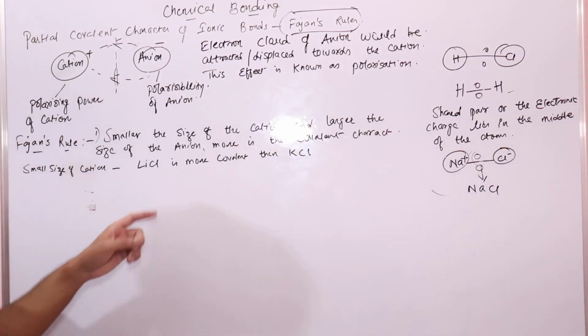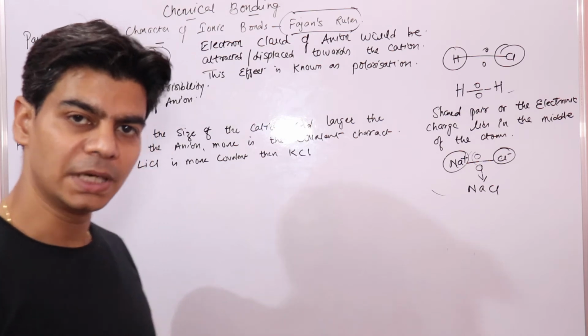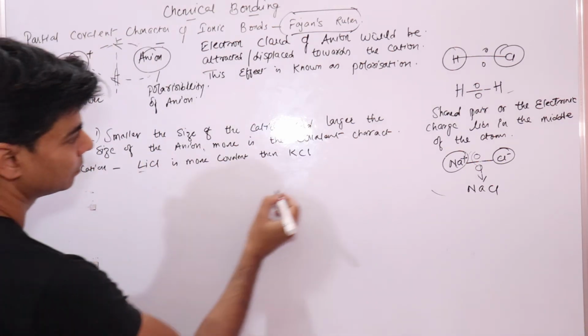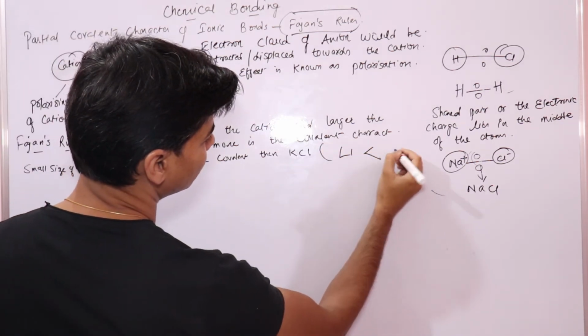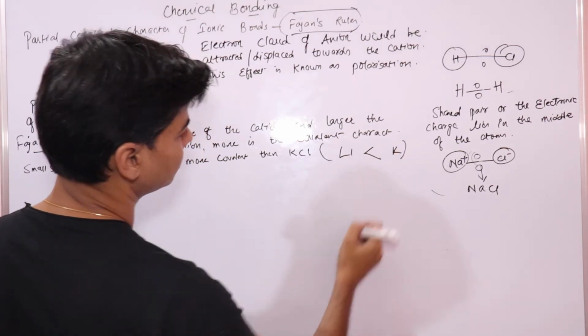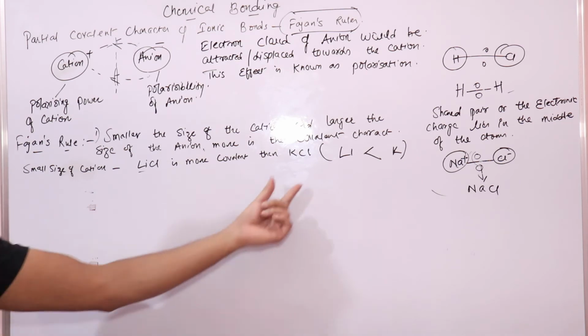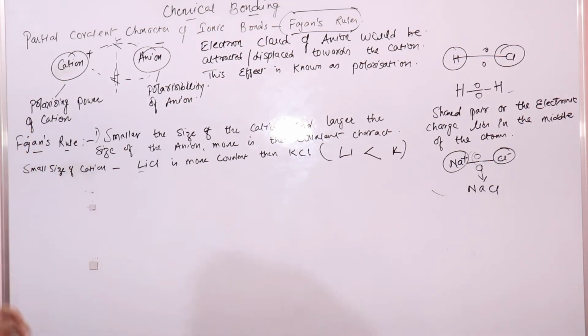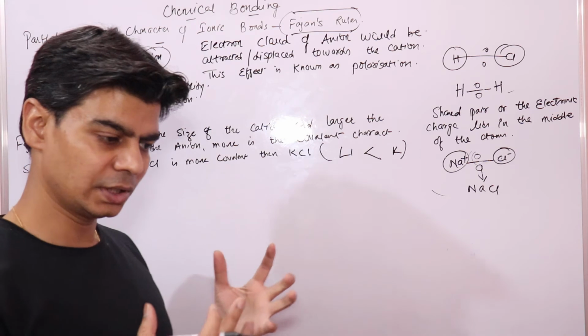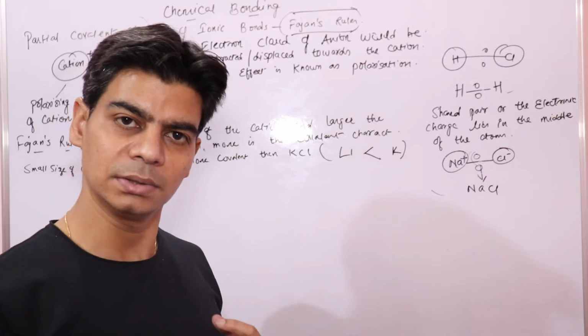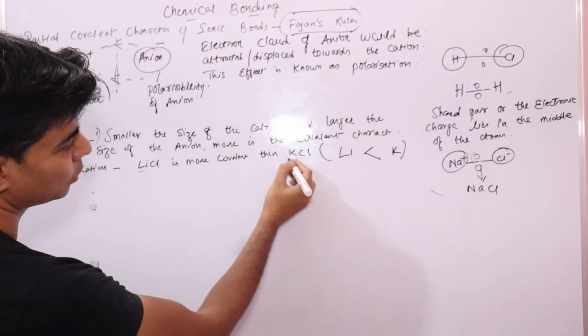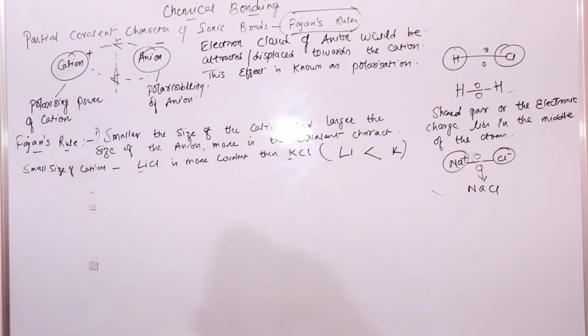Why? Because of the smaller size of the cation, in this case lithium, because lithium is smaller in size than potassium. So lithium chloride has more covalent character than potassium chloride. It will attract the shared pair of electrons more towards itself compared to potassium in potassium chloride.